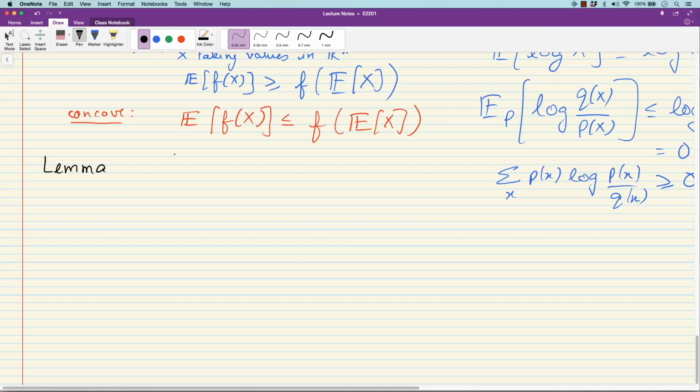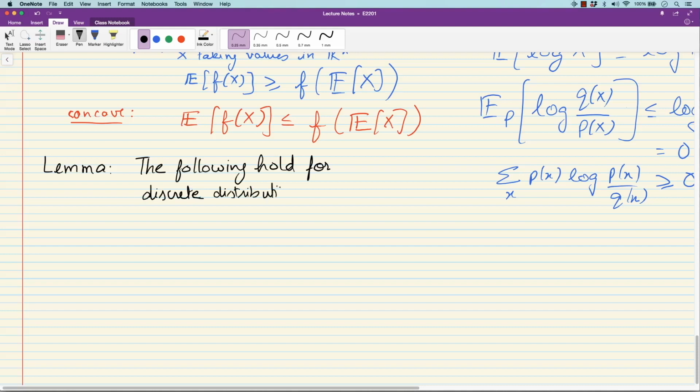Okay. So the following hold for discrete random variables, discrete distributions.